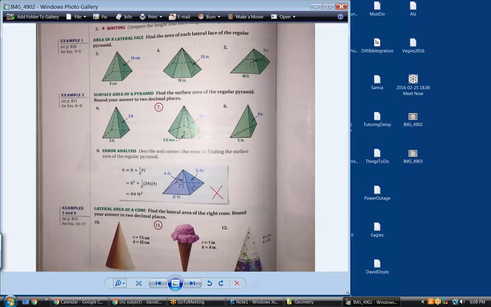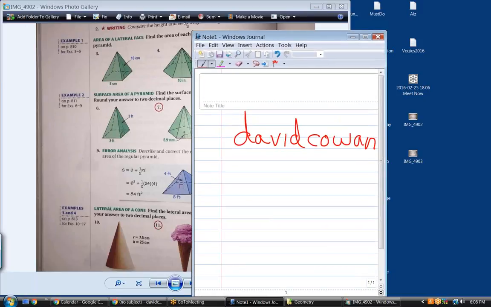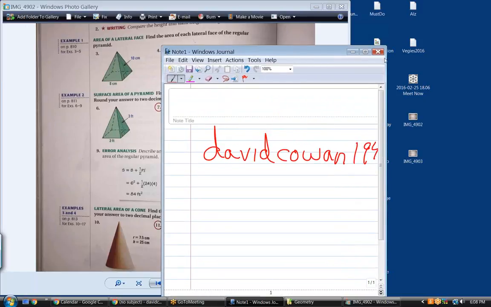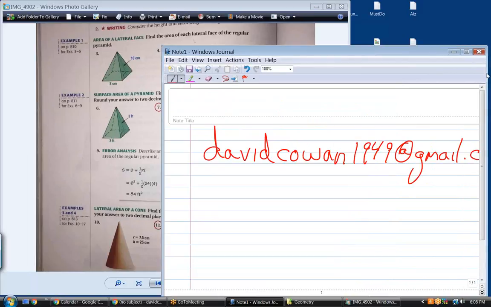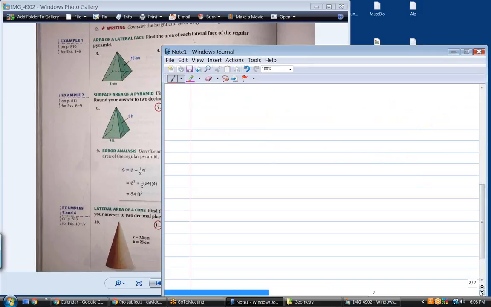Okay. So, the way you always want to do these problems is start with the general formula. Hold on, let me get this out of the way a little bit. We're going to start on 3. It's just a good practice to start with the general formula. So, what is the surface area of a pyramid? The general formula.